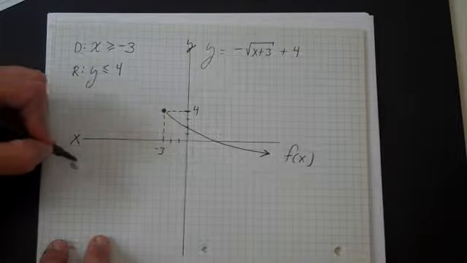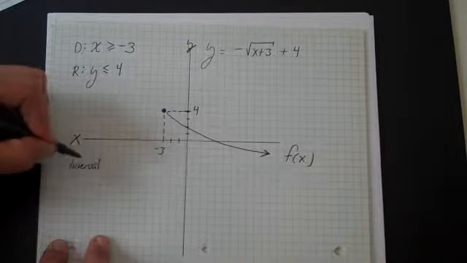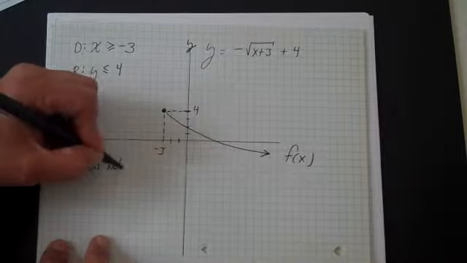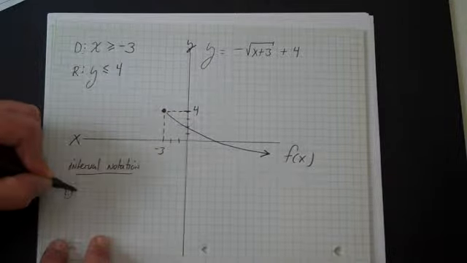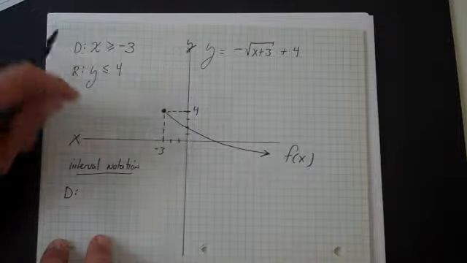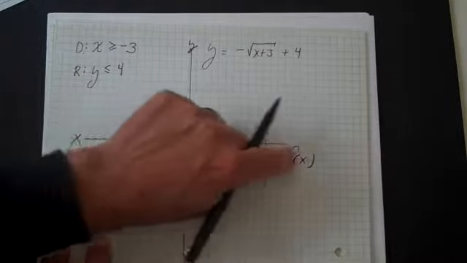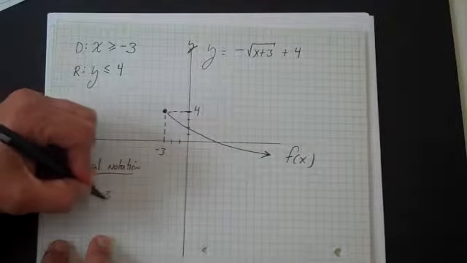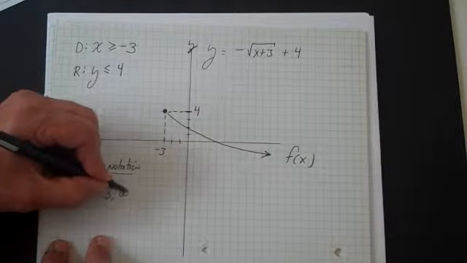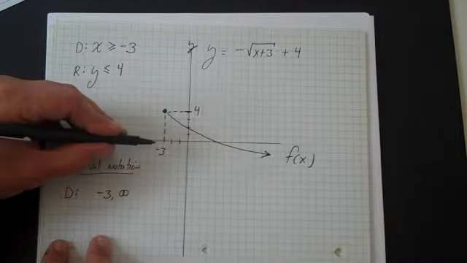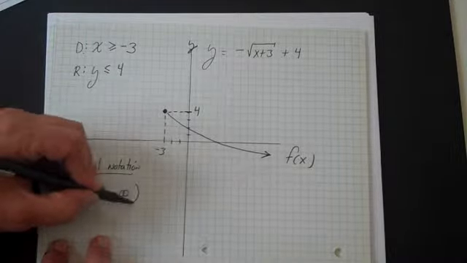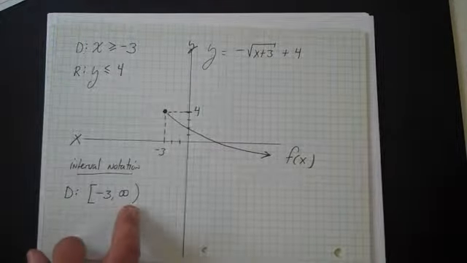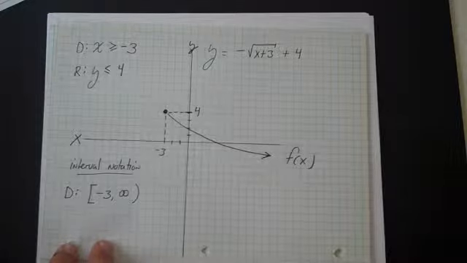If you're going to use interval notation, then the domain is everything from minus 3 to positive infinity. So it's minus 3 comma positive infinity. It includes minus 3, so that's going to be a bracket, and infinity is typically associated with a parenthesis.